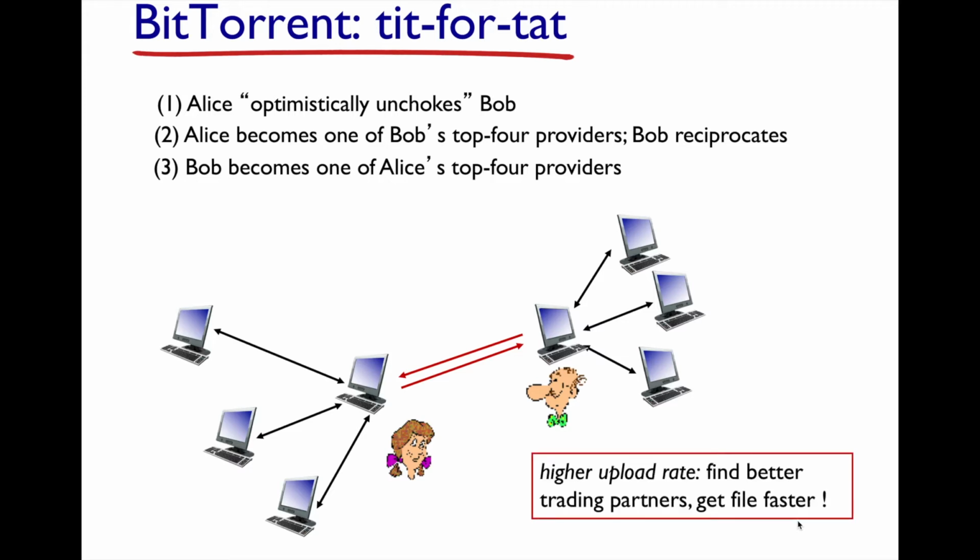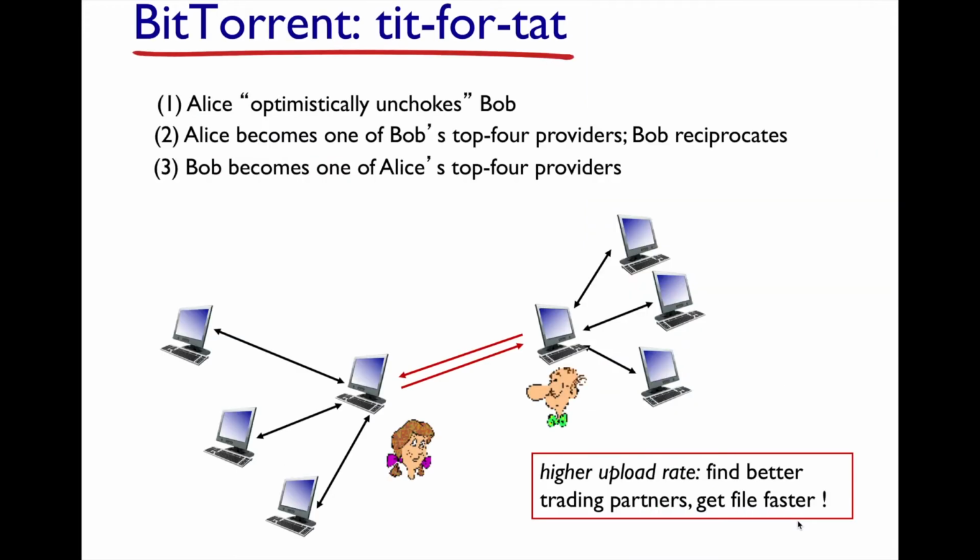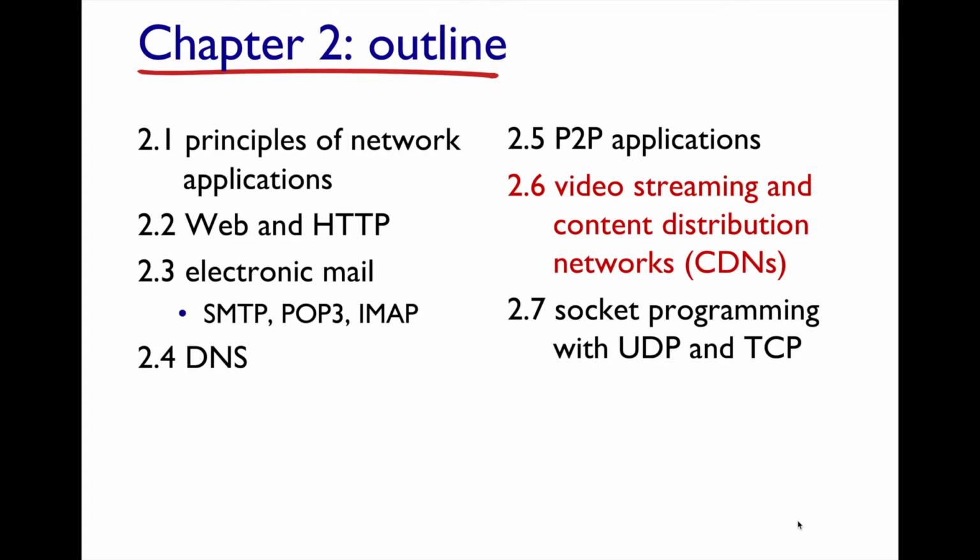And so the higher the upload rate you have, the better you are because you are useful, i.e., you can provide a lot of these 256 kilobit chunks of files to those with whom you are trading, and you end up getting the files faster. Okay, so any questions about peer-to-peer? All right, so let's continue on.